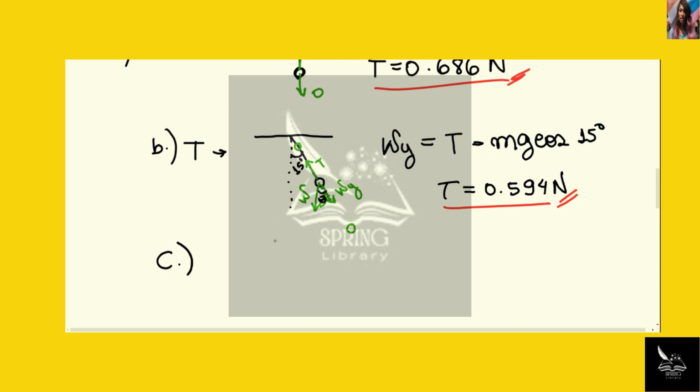And for the point in question C, the tension when the wire is making a 15-degree angle to the left, okay? Since theta is the same angle, you can see that we have gravity downwards, tension along the wire, and the projection of the gravitational force here.